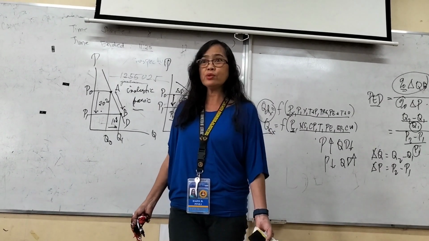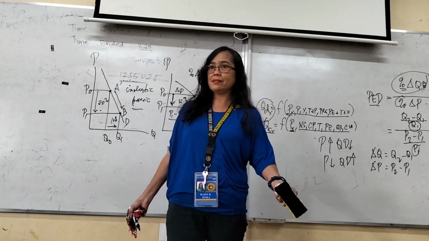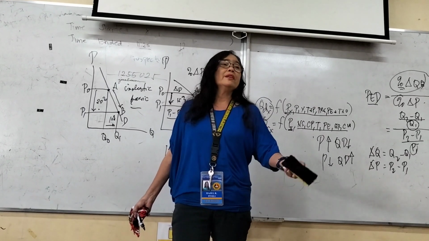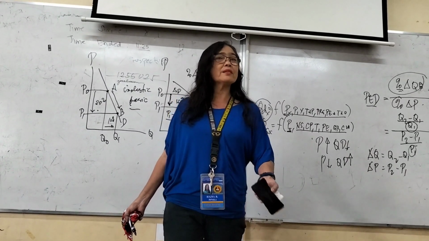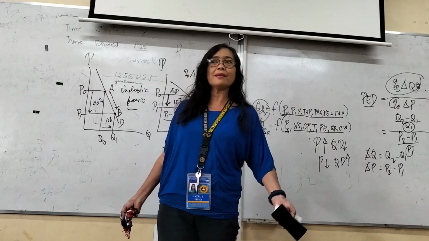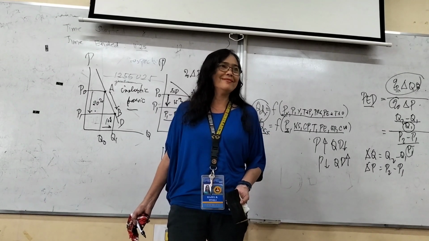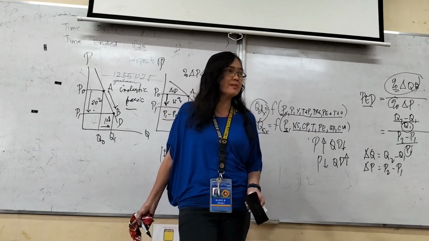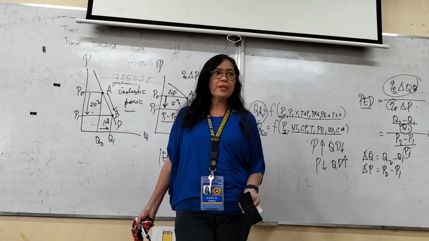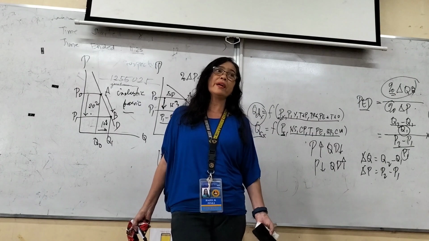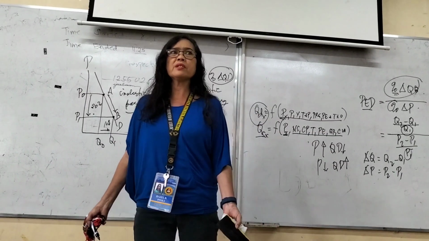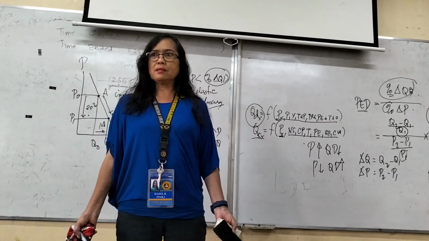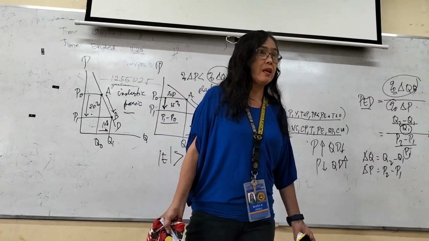That is also true for salt or even rice. Even if the price of rice will drop to 20, which is impossible, because the price of rice now almost reached 60. Even if it dropped to 20, you're not going to purchase 5 sacks, and you are only 2 in the family.